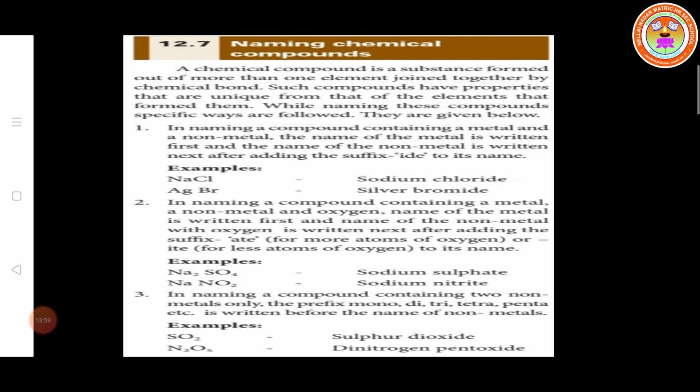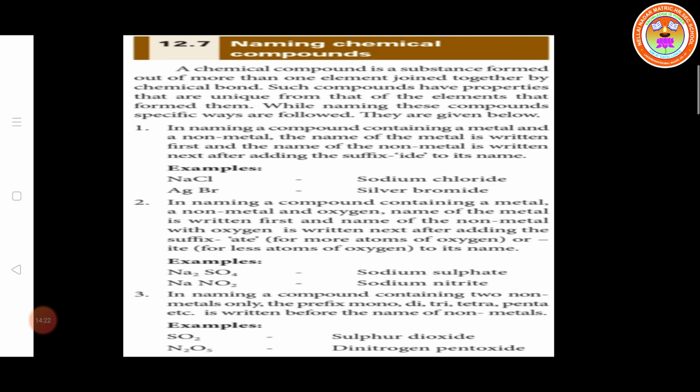Second, in naming a compound containing a metal, a non-metal and oxygen, the metal name is written first. Then the non-metal with oxygen is written next after adding the suffix ate. When we have oxygen, you have to add ate for more atoms of oxygen, or ite for fewer atoms of oxygen.